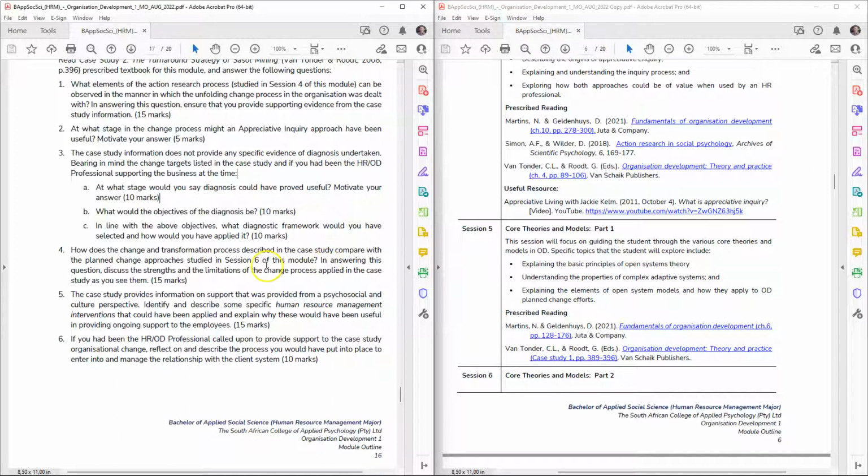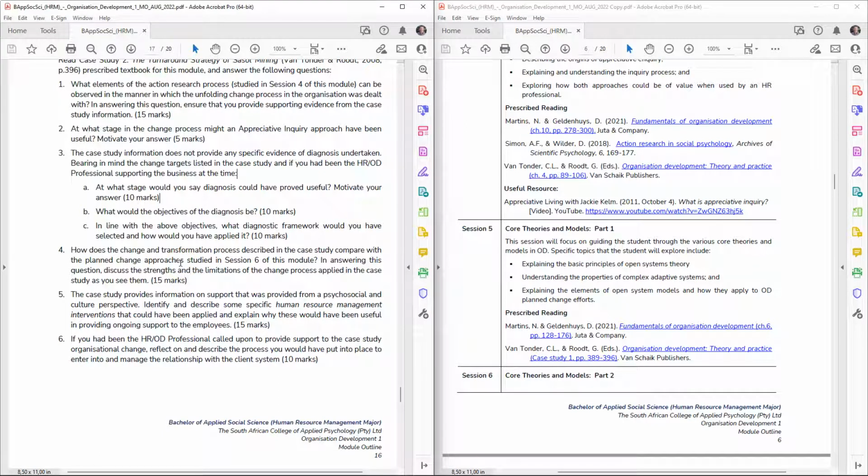Okay, so then in answering this question, discuss the strengths and the limitations of the change process applied in the case study as you see them. Okay, so essentially, this is also a 15-mark question. You can see it's a heavy allocation.